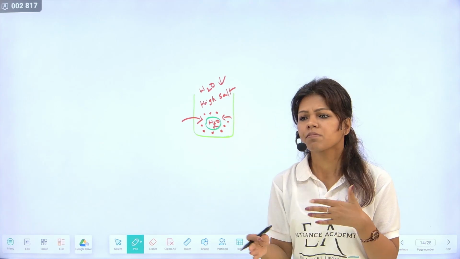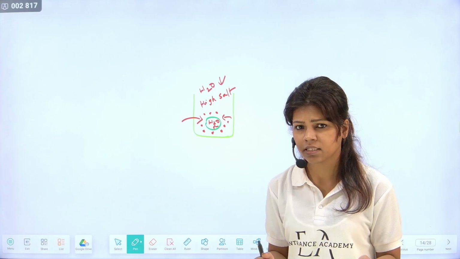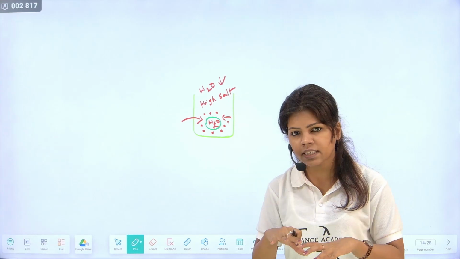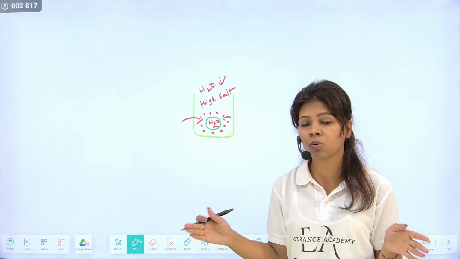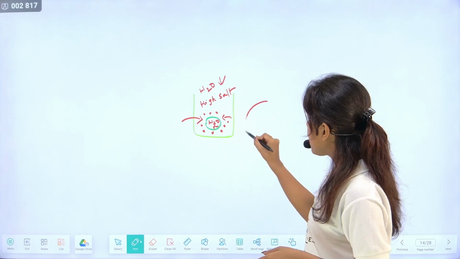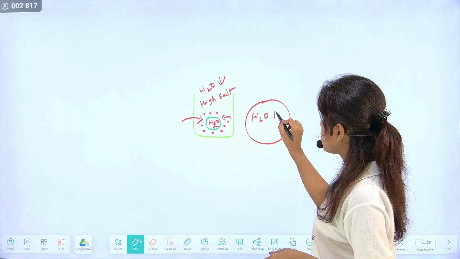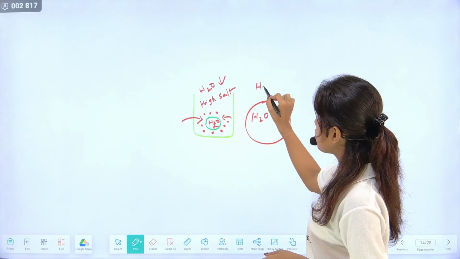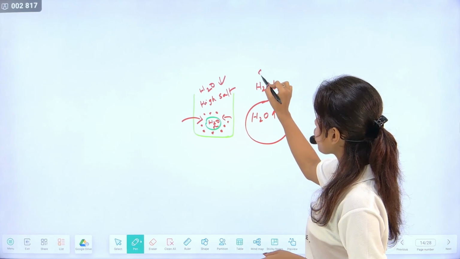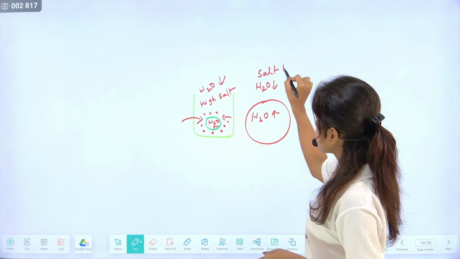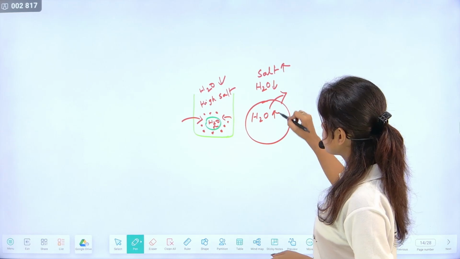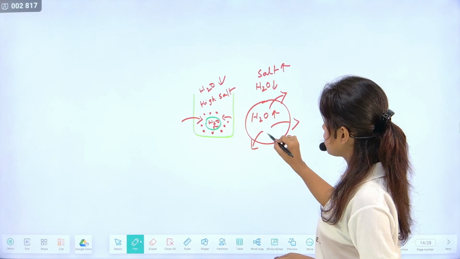And as we know, osmosis takes place from the region of higher concentration to the region of lower concentration. So in this case, what will happen? Inside the grass cell, the water is higher, and outside the grass cell, the water is lower and salt is high. So water will come out from the cell.